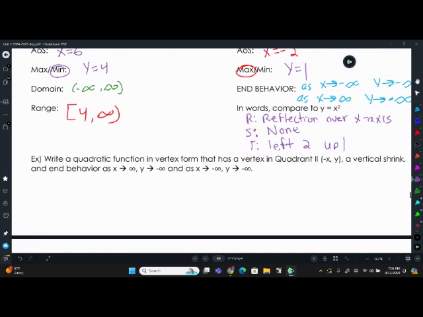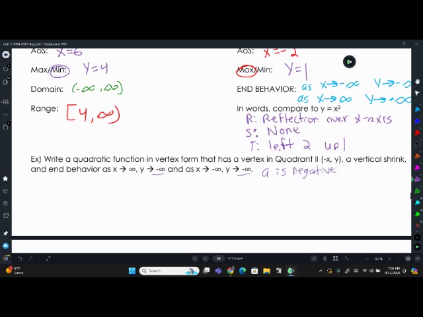All right, last one. Write a quadratic in vertex form. So what we've been doing in quadrant 2, where it has a vertical shrink and an end behavior like that. Because both sides are going down, that means a is negative.